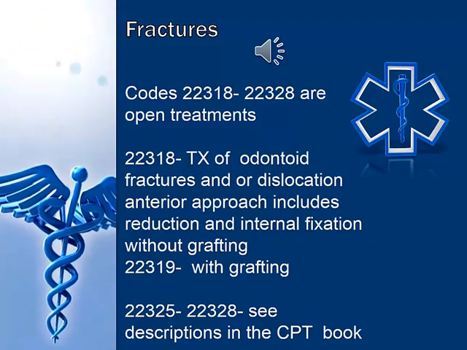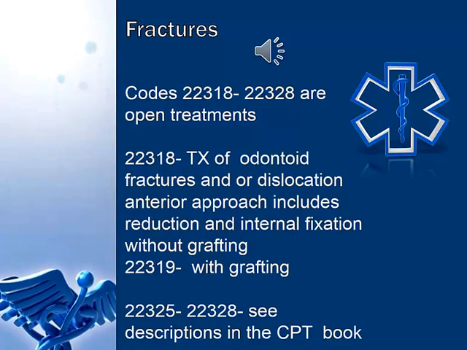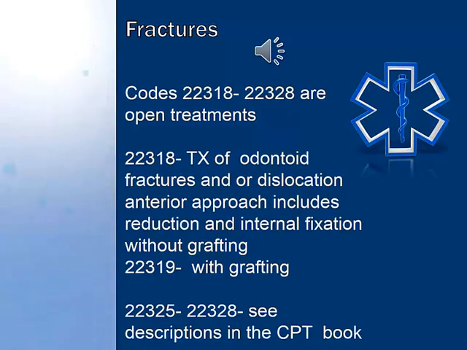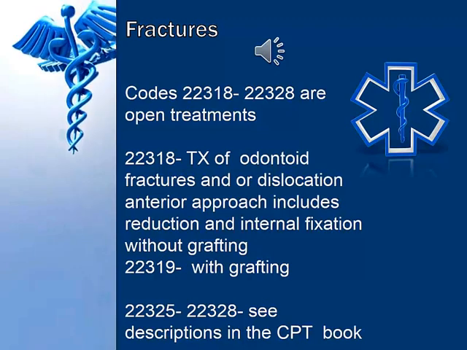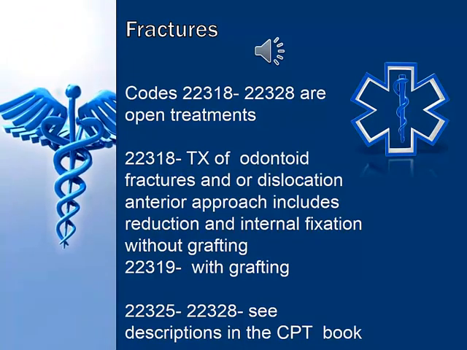Code 22326 is for the cervical region. Code 22327 is for the thoracic region, and then you would code for each additional fractured vertebra or dislocated segment by using 22328 in addition to the codes 22325 to 22327. Again, guys, do not forget to read all of these parenthetical notes that are listed here.